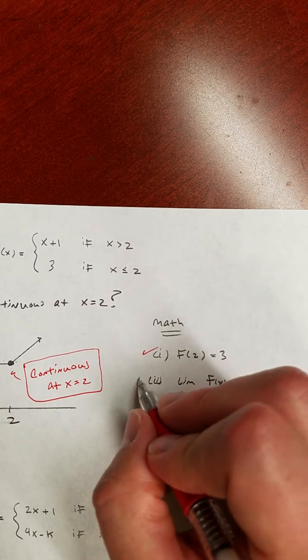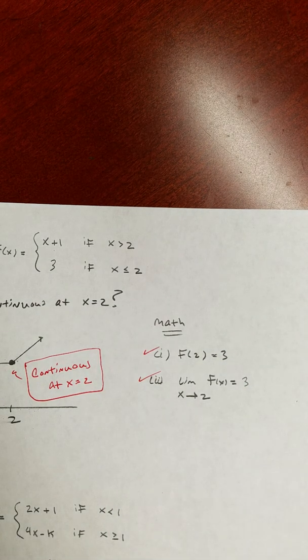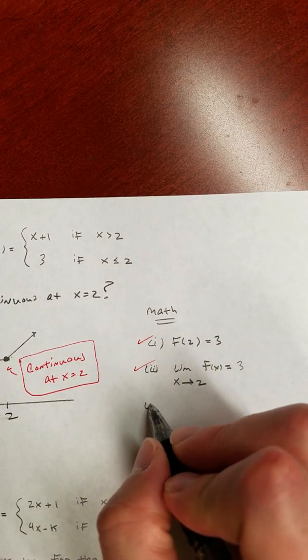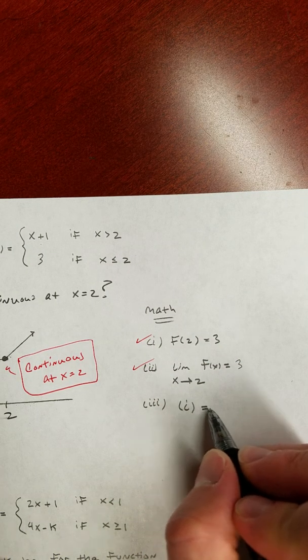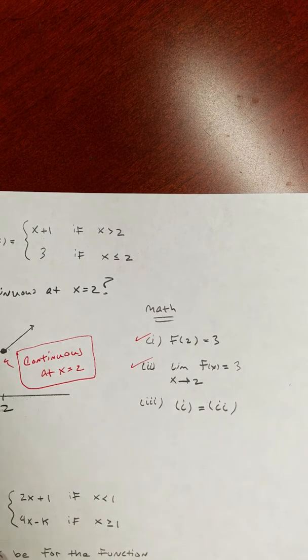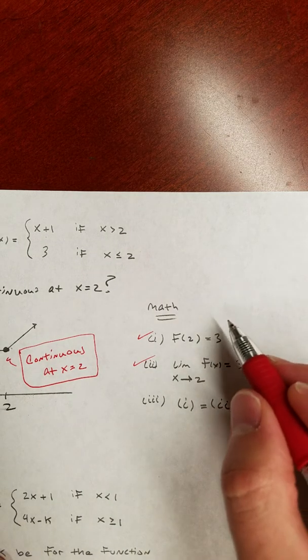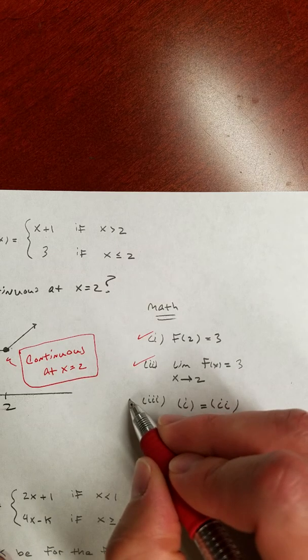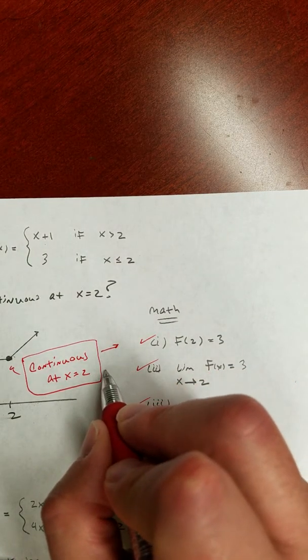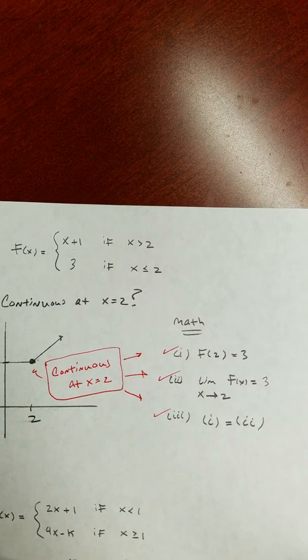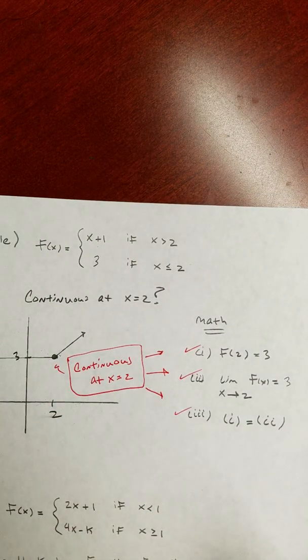So it passes that part of the test. What was the last part? The answer you get for 1 has to be the same as the answer you get for 2. Well, 3 is equal to 3. It passed all 3 parts of the test. Now remember, I said that for 1, you could graph it and see if it looked continuous.